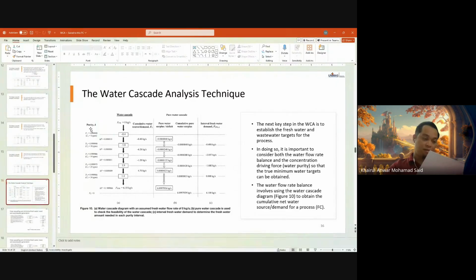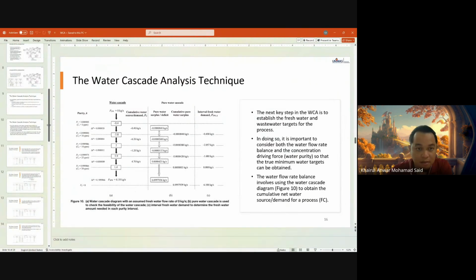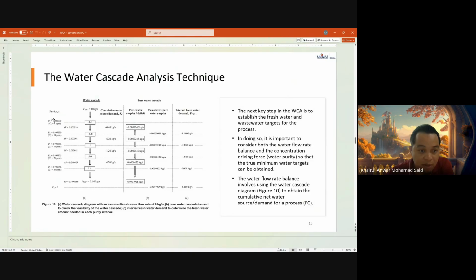So let's do water cascading. So here is the purity level. We have purity level 1, purity level 5, yes, level 5.